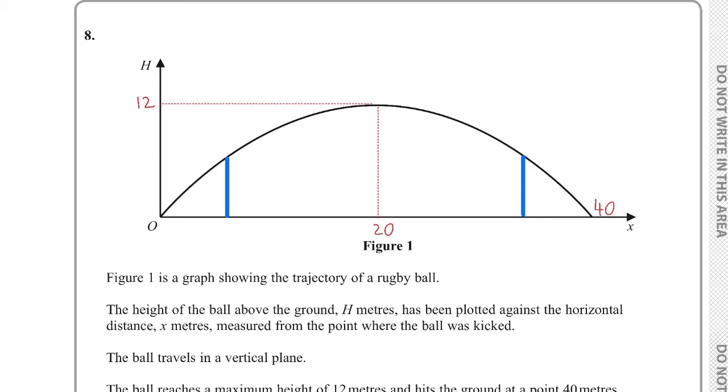So this is 3 meters here. We need to use our equation to find the greatest horizontal distance of the bar from the origin. So we're actually after this second particular case.